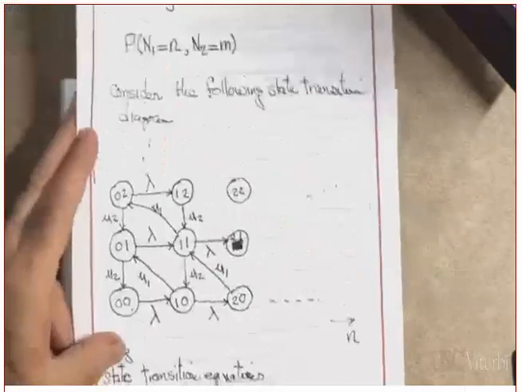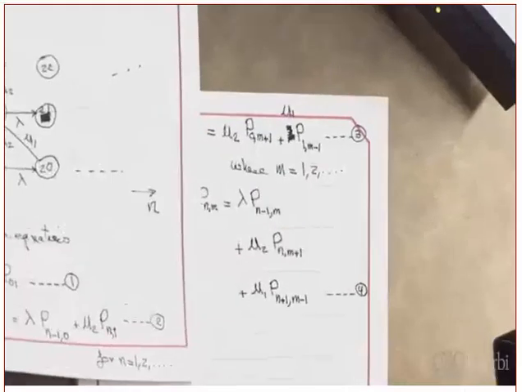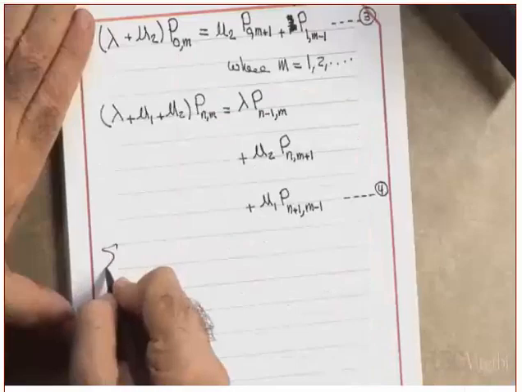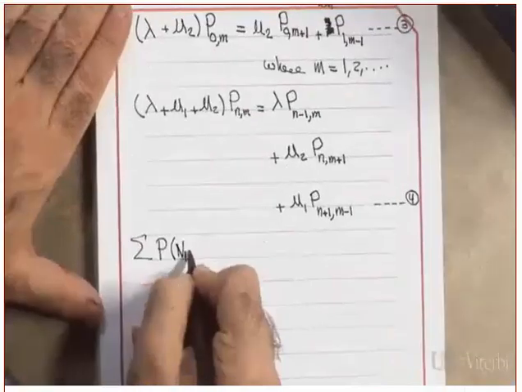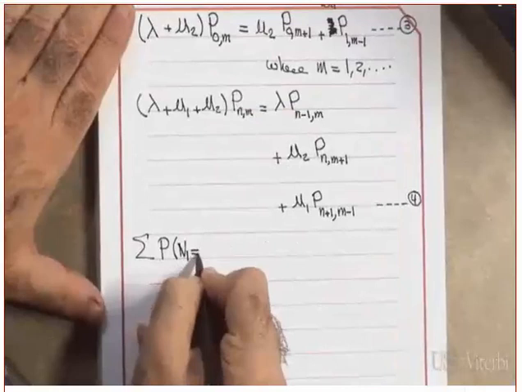Let's see. Conclusion. The first one: the number of packets in Q1. Notice, by the way, when I say the number of packets in a Q1, what does it mean?